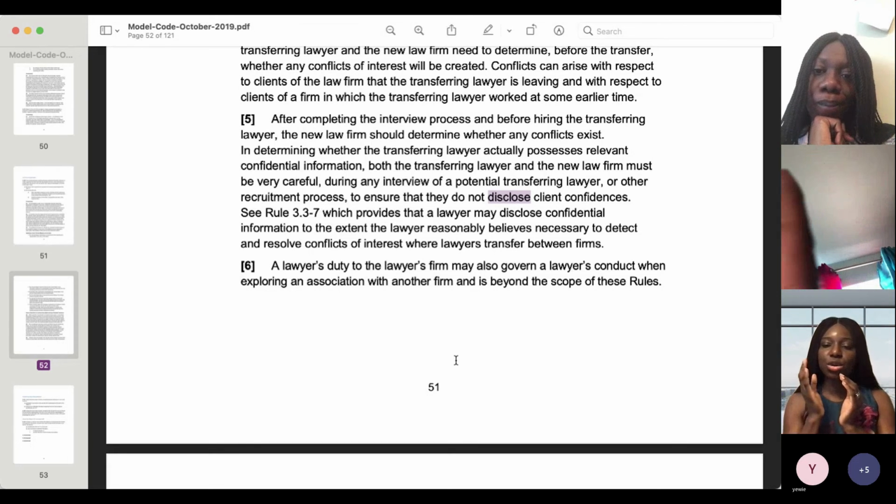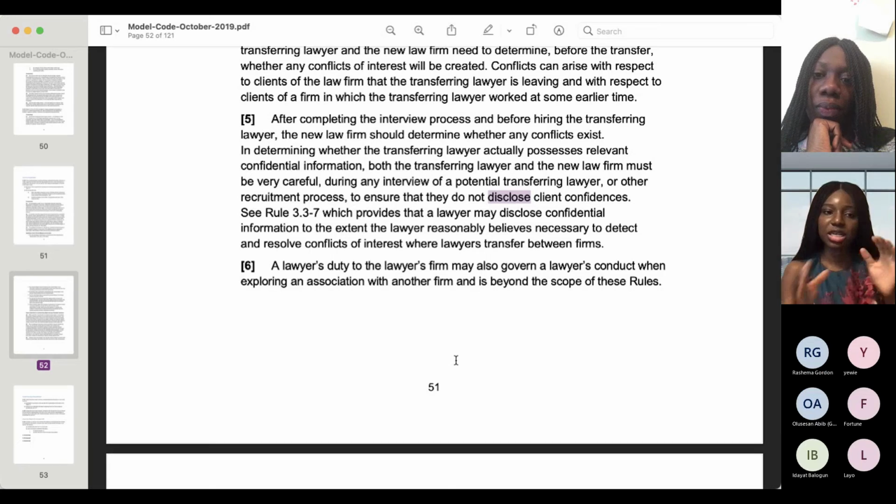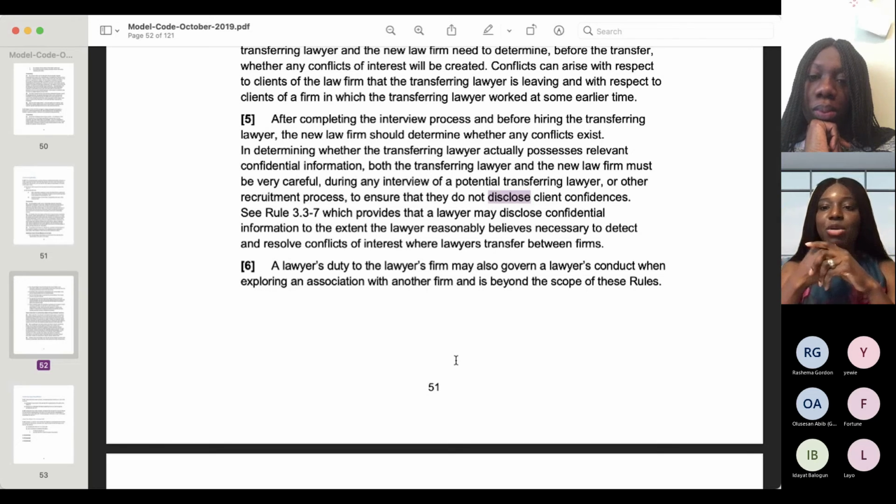I saw that in the model code when I was reading it. What do the notes say about it? And you're documenting, but you've already read the code, so you're aware of what the code kind of says. Because you haven't practiced in Canada before, these rules are new to you. So this is the best way for you to get yourself acclimatized with the new rules before you do the exam or before you read the notes.